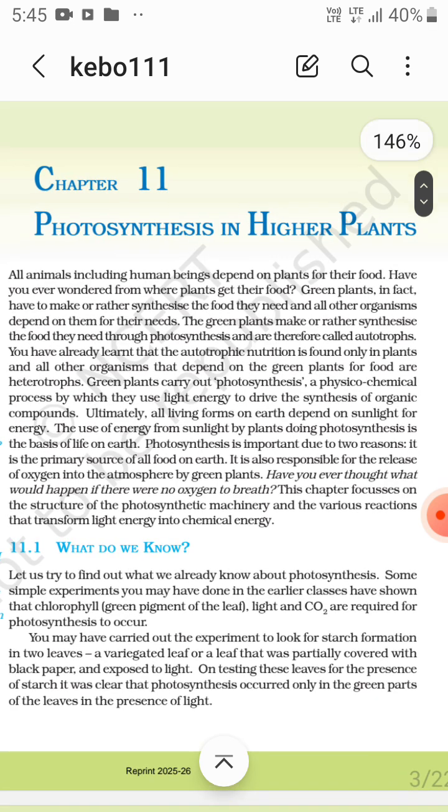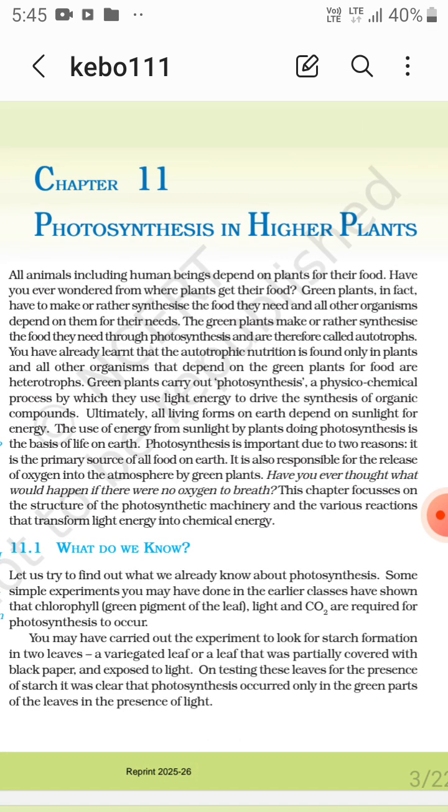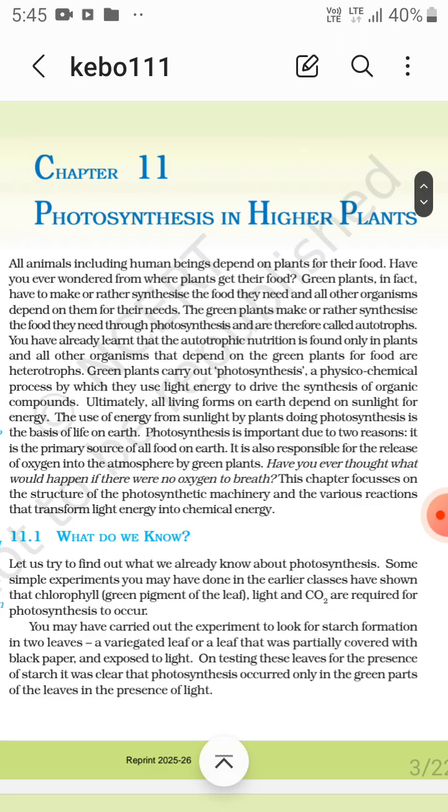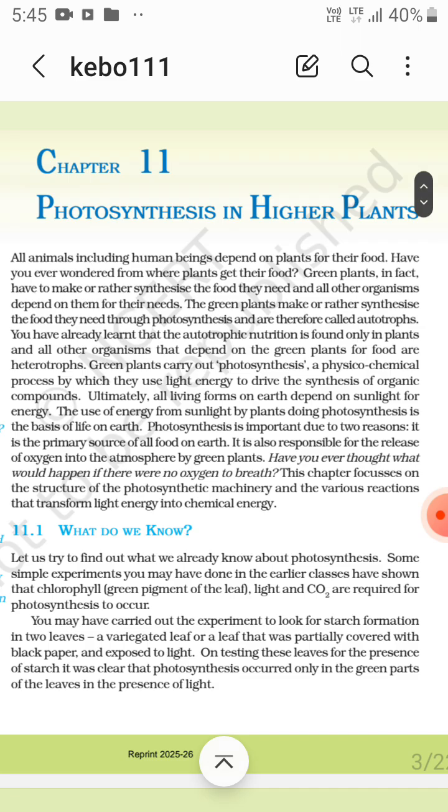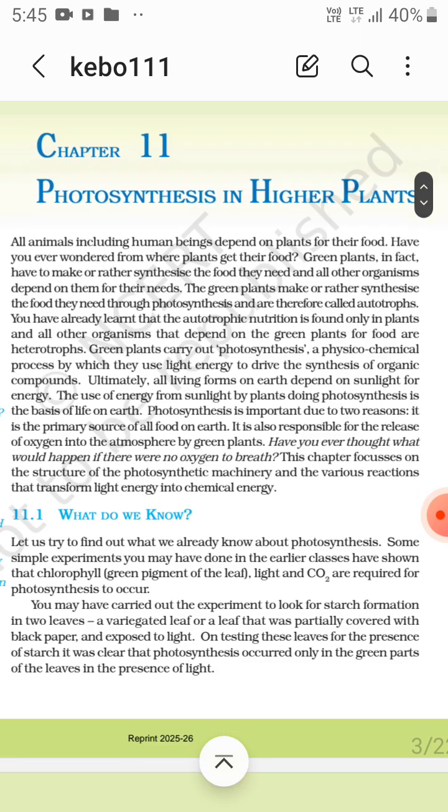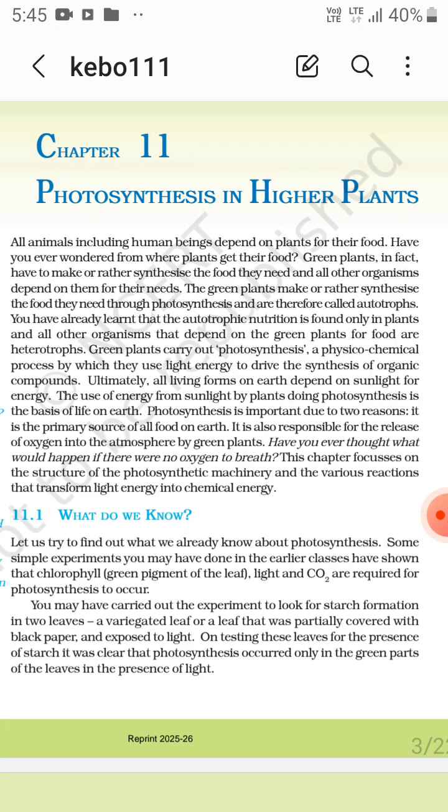The green plants make, or rather synthesize, the food they need through photosynthesis and are therefore called autotrophs. The autotrophic nutrition is found only in plants, and all other organisms that depend on the green plants for food are heterotrophs. So autotrophic nutrition is found only in plants.